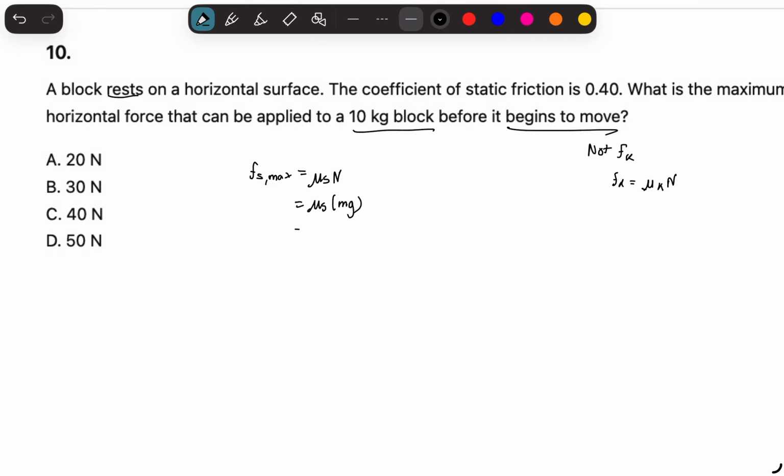So we know mg here is going to be 10, and we're going to use 10 to approximate gravity, which is 9.8. So we'll say that that's approximately just 100 newtons. And you can also plug in your coefficient of friction, which is 0.40. So you get 40 newtons as your Fs max that is keeping the object in place before it begins to move.